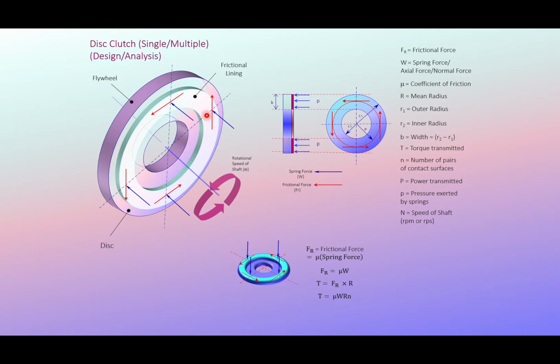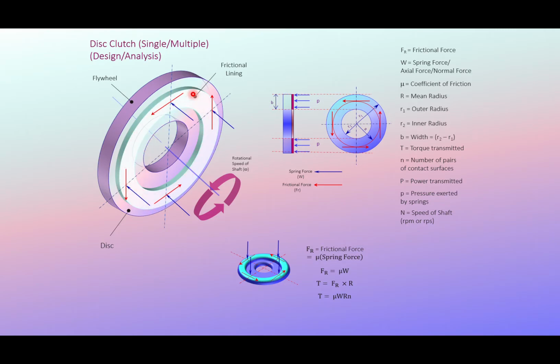What happens is it will exert a force. This is called the axial force, here and here. That means it is uniformly distributed on this surface. All this force here, the blue lines.